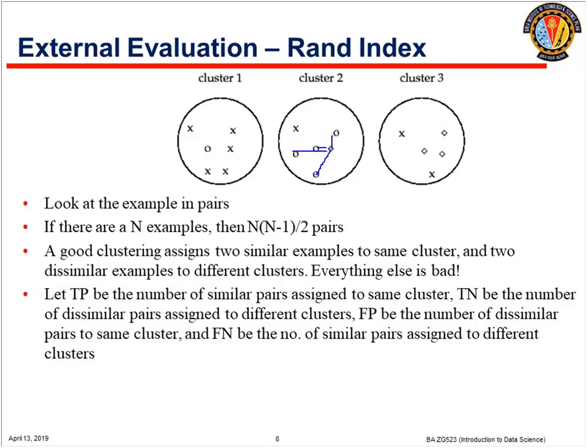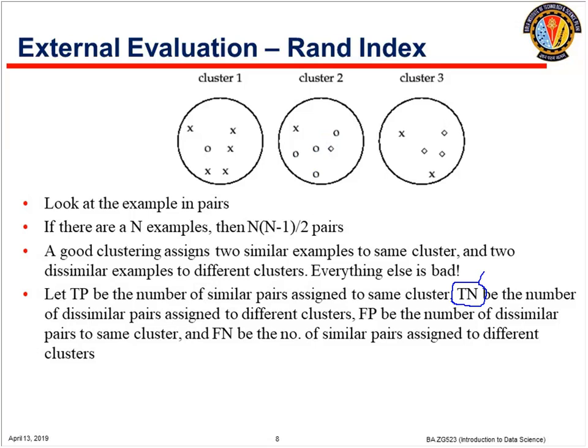Okay, so that's clear. Now let's come to true negative. So true negative means, remember to understand this, true means correct, correctly, and negative means they are in different clusters. So the second part is negative or positive. Positive means in the same cluster, negative means in a different cluster. True means correctly.